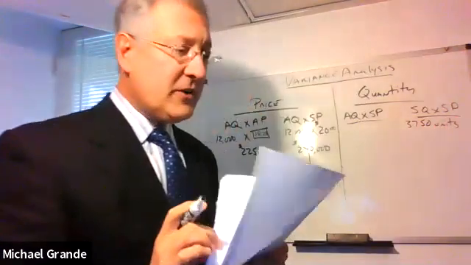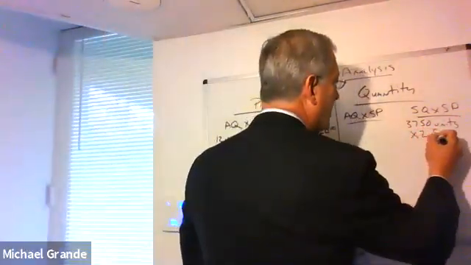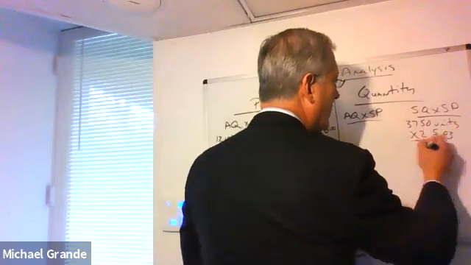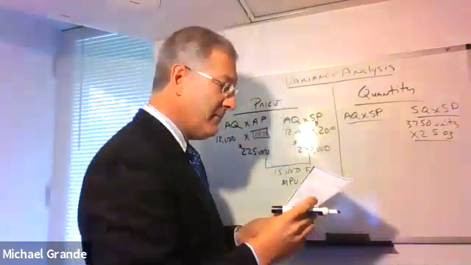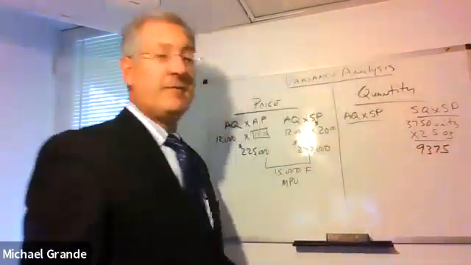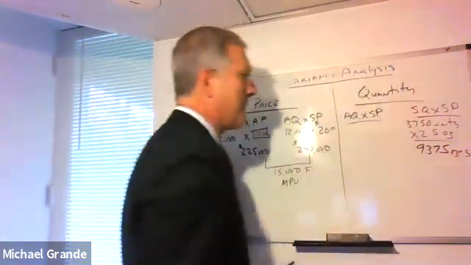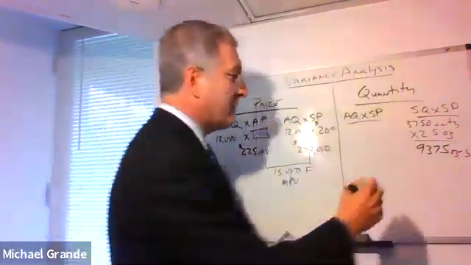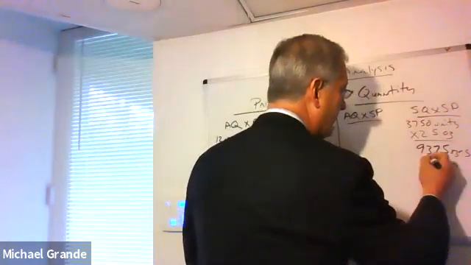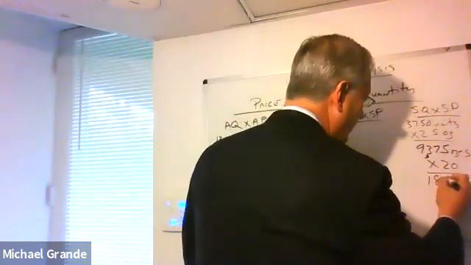The standard cost card says they should use 2.5 ounces. They should have used 9,375 ounces at a standard price of 20 bucks. The standard or the flexible budget was 187.5.